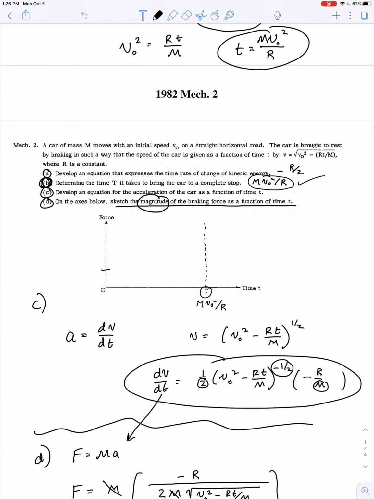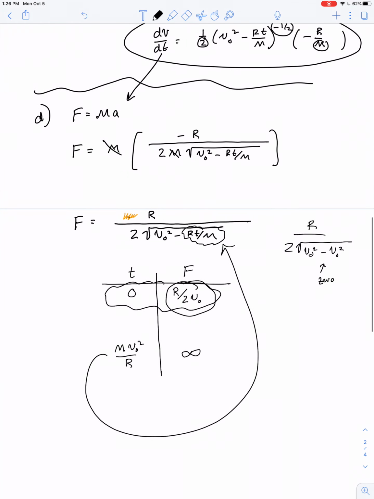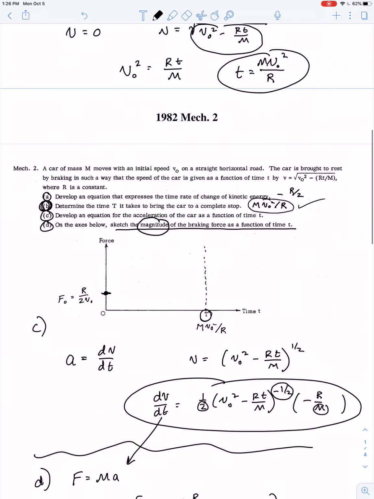So we can plot that point here. Call that f naught. So somehow we have this data point and then at this value of time approaching infinity. So we actually probably don't need to fill out any other values in our data table. We can get a sense of what the graph's going to look like.